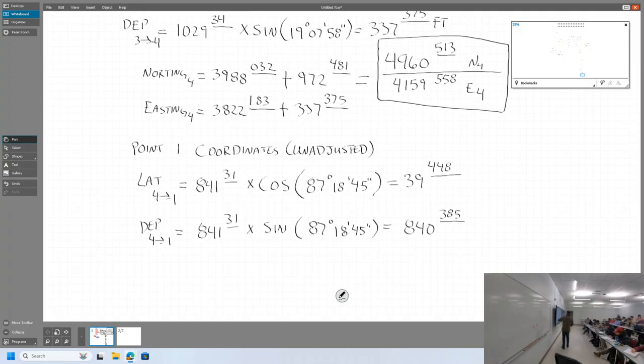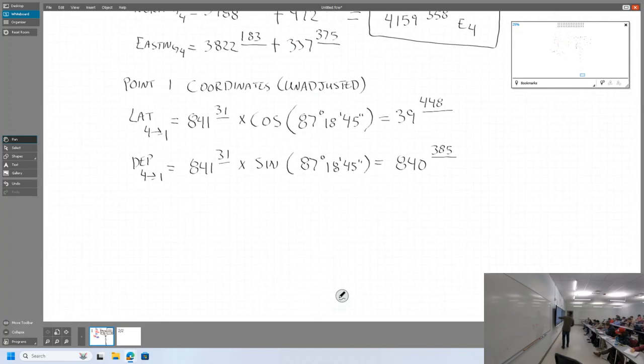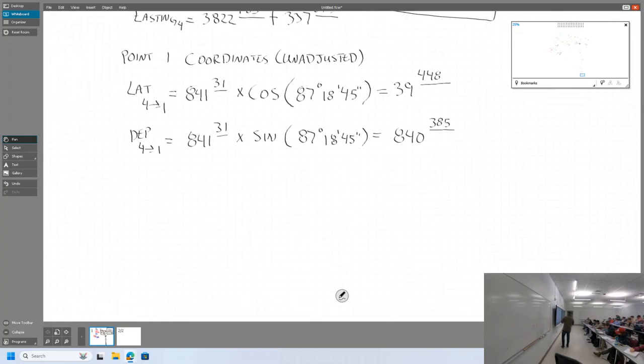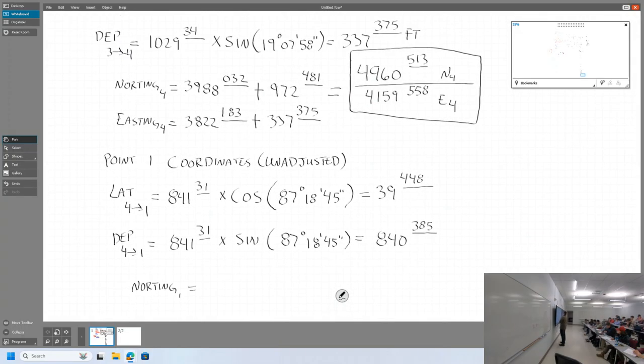Okay, all right. So now let's see what our closing coordinates are back on 1. If we do the northing of 1, it's going to be equal to the previous established coordinates here.